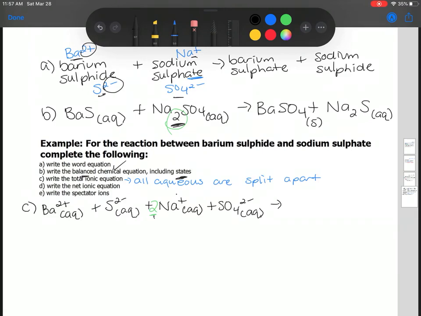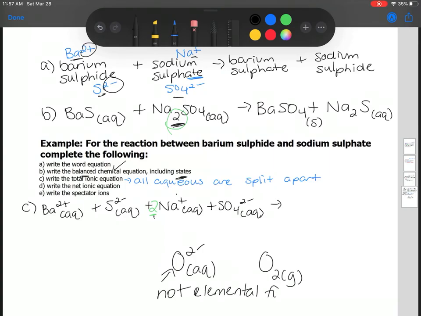So even something like, I can't make a new sheet. Even something like O2, that's when it's a gas. If you have an oxygen ion, you're still not going to write the 2 down there. This is not the elemental form. Okay, so this is the elemental form. This is not in double displacement reactions.